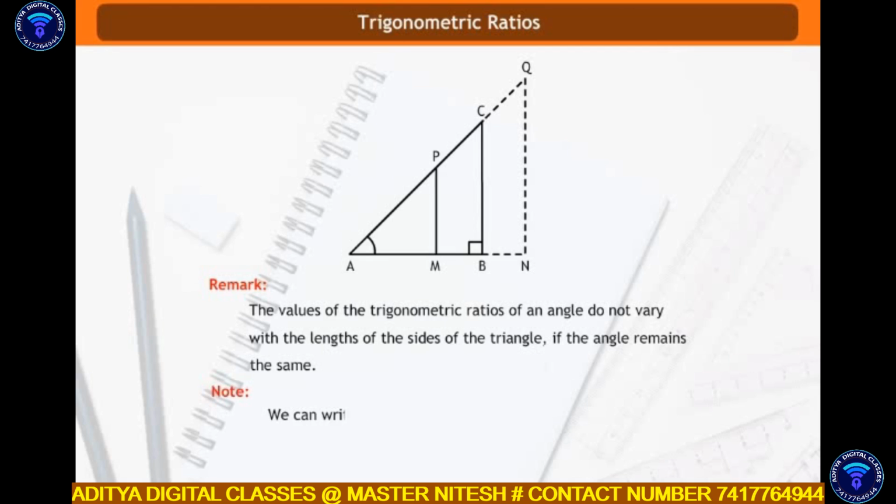Note: we can write (sin A) squared as sin square A, and (cos A) squared as cos square A. The Greek letter theta is also used to denote an angle.